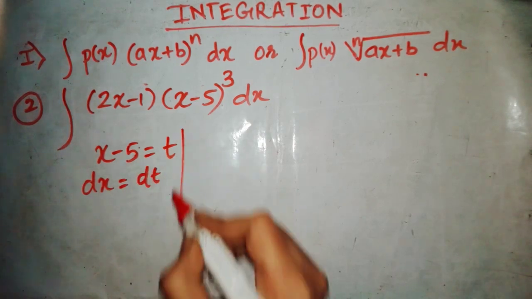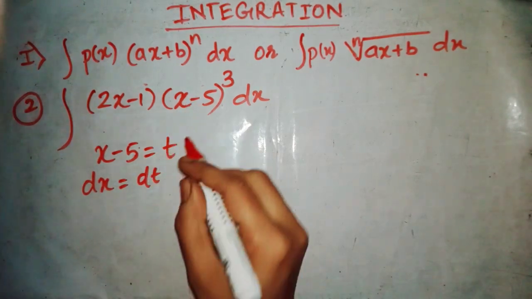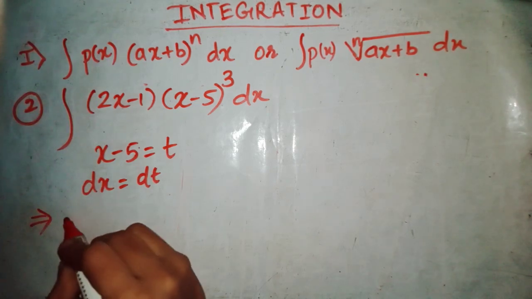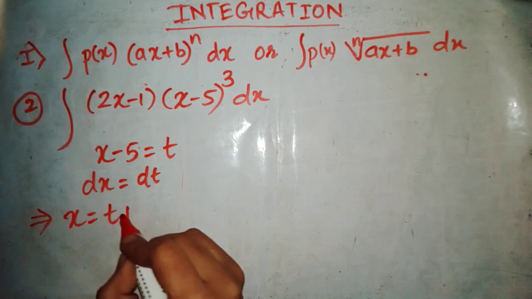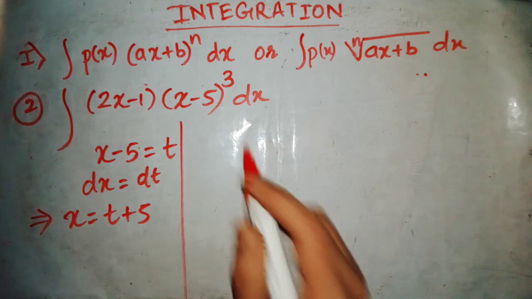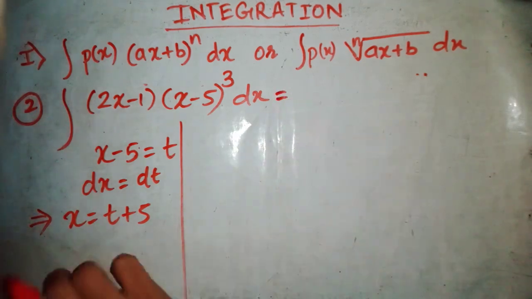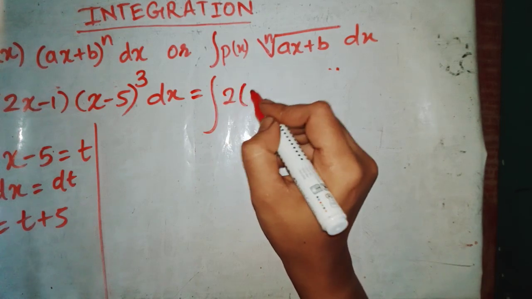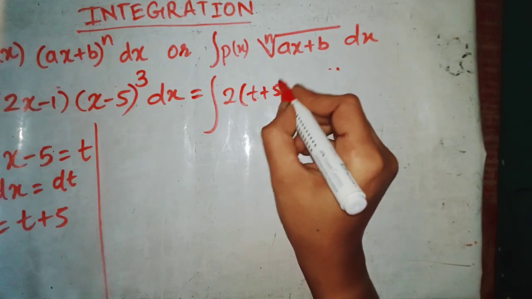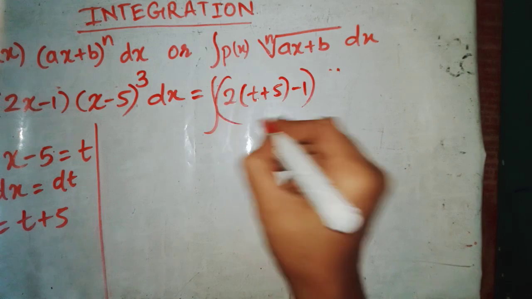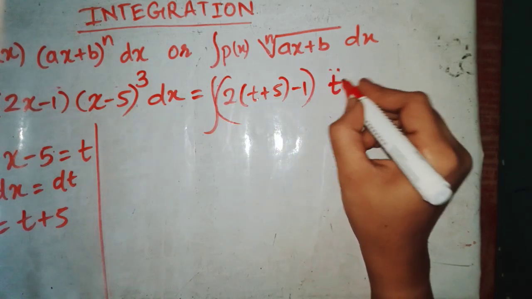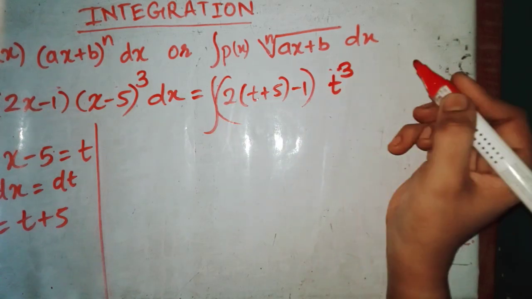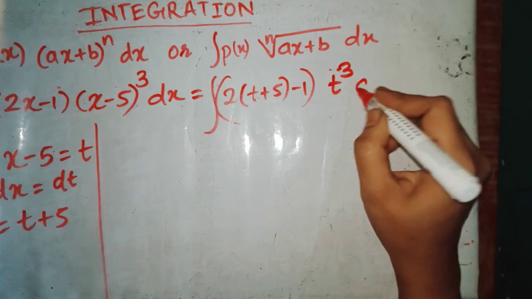From this, x is t plus 5. Substituting, we get the integral of 2 times (t plus 5 minus 1) into t cubed, and dx is dt.